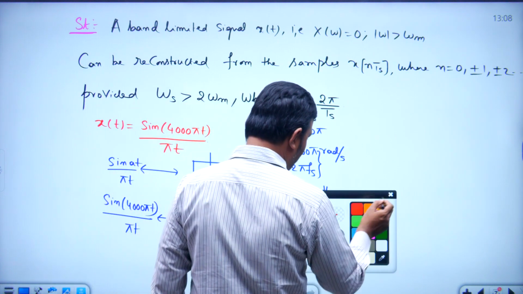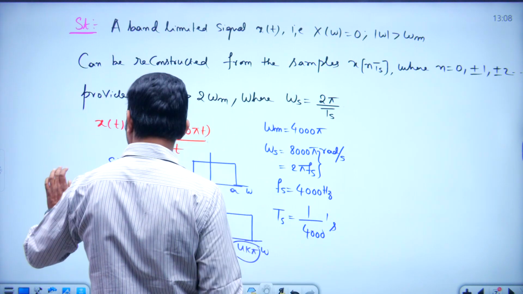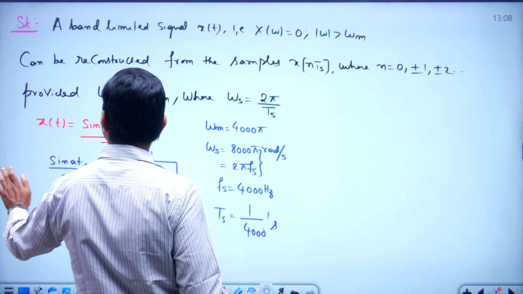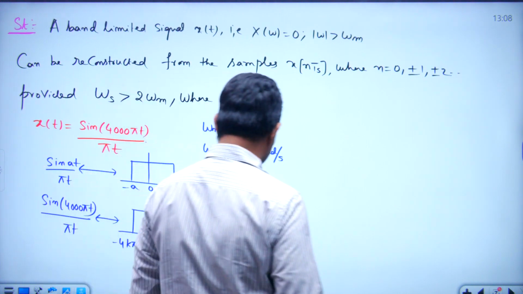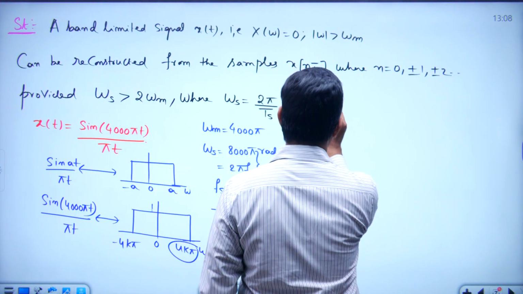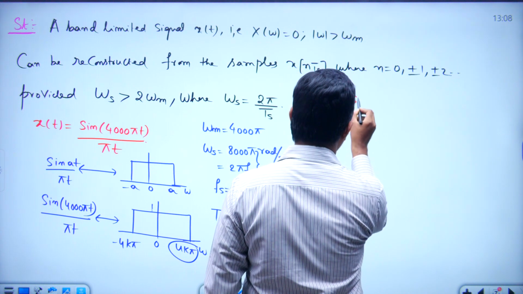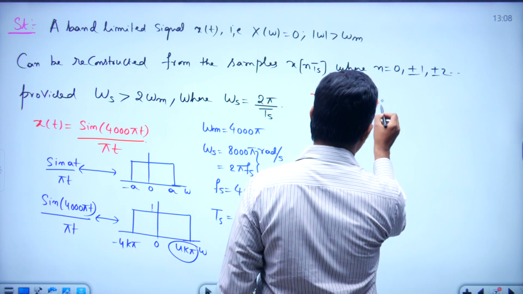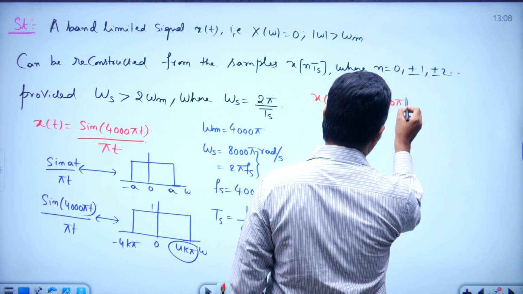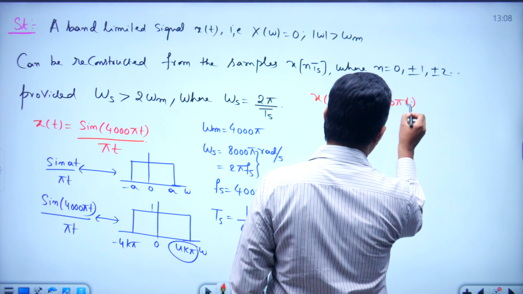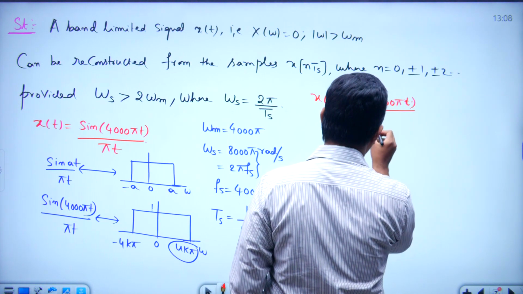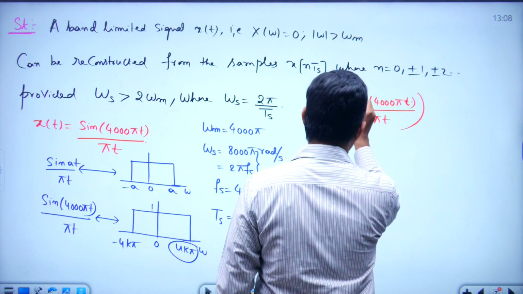Suppose one more question was asked like this: x of t is equal to sin 4000 pi t by pi t, whole square.